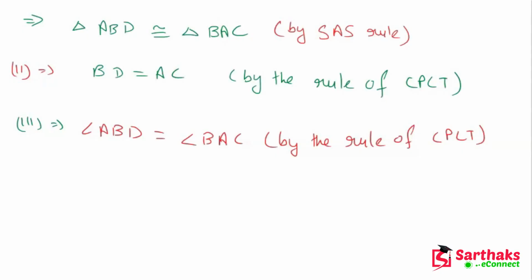In the case of triangles, when two triangles are congruent, their corresponding sides and corresponding angles are equal. Then we can say that they are congruent triangles.